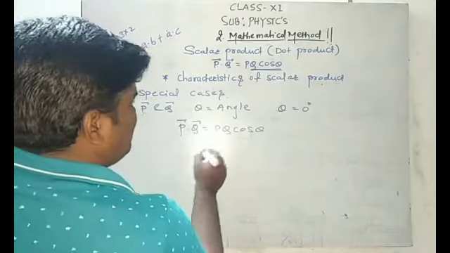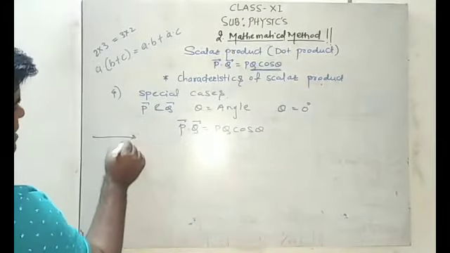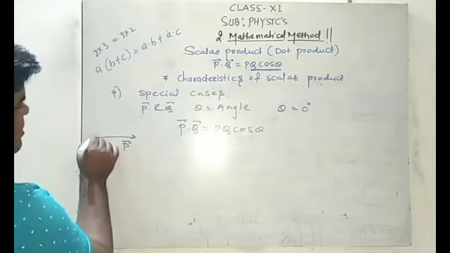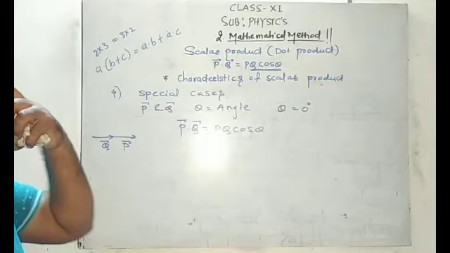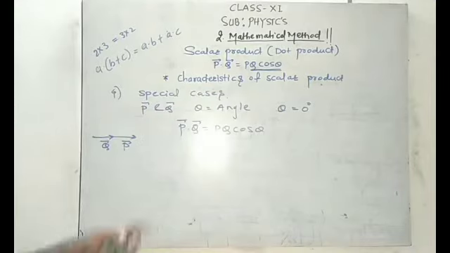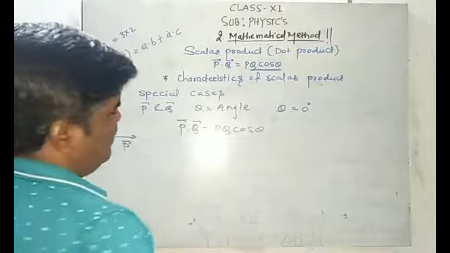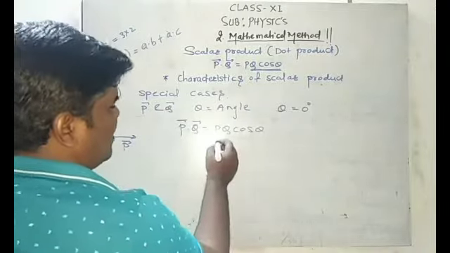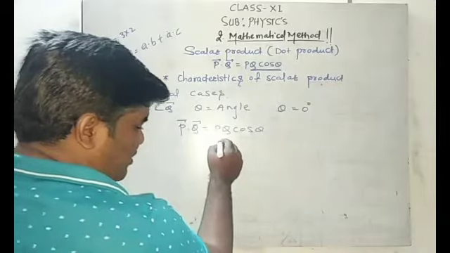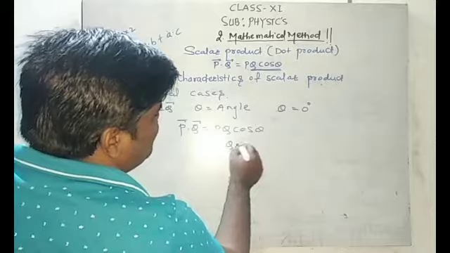And if we substitute the angle, these two vectors p bar and q bar are in the same direction, and therefore the angle between these two is 0. And we have to find the magnitude of the scalar product of these two vectors. Then we get pq, and cos of 0 is equal to 1.